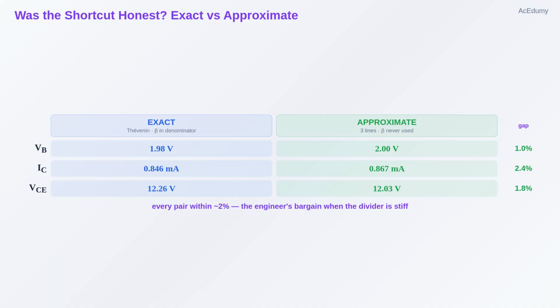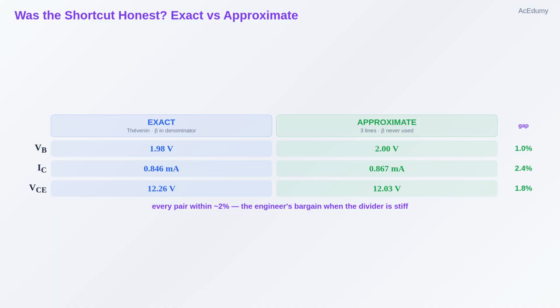The collector-emitter voltage, exact 12.26 volts, approximate 12.03. Every pair agrees to within about 2%. 2% for a method that skipped an entire Thévenin construction and never touched beta.